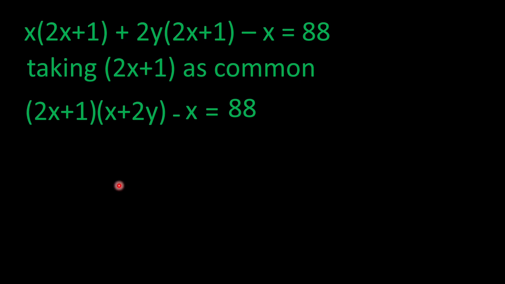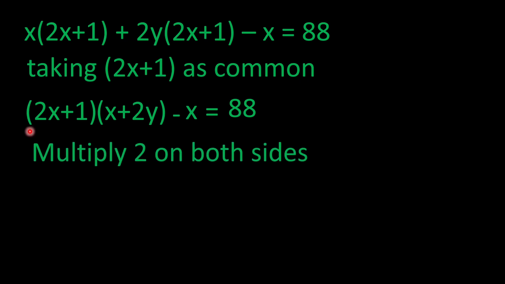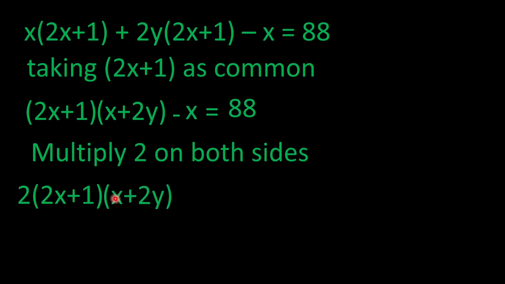And now in the next step, we will multiply this whole equation by 2. So this will become 2 times 2x plus 1 into x plus 2y minus 2x equals 88 multiplied by 2 equals 176.